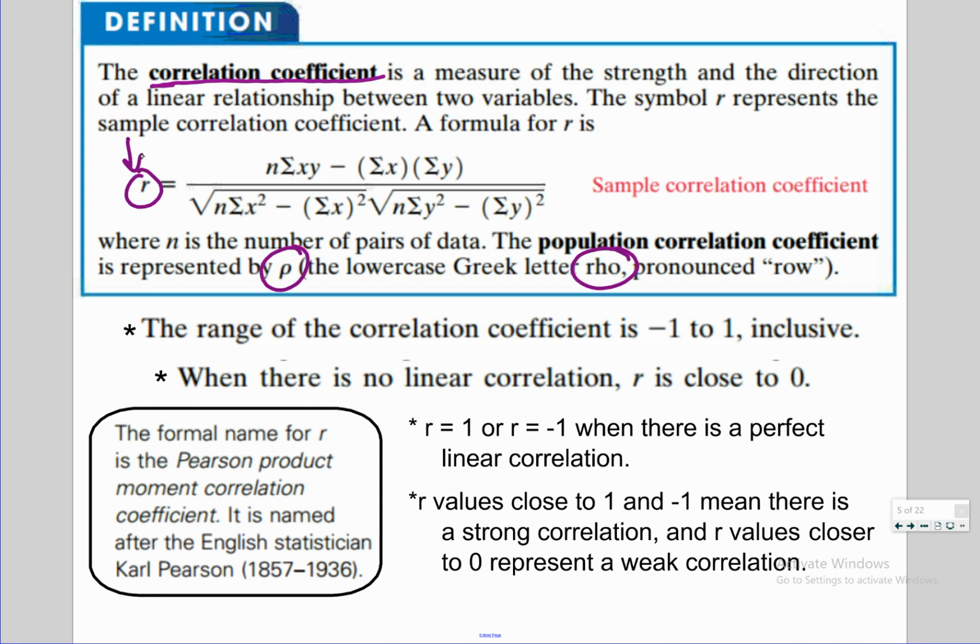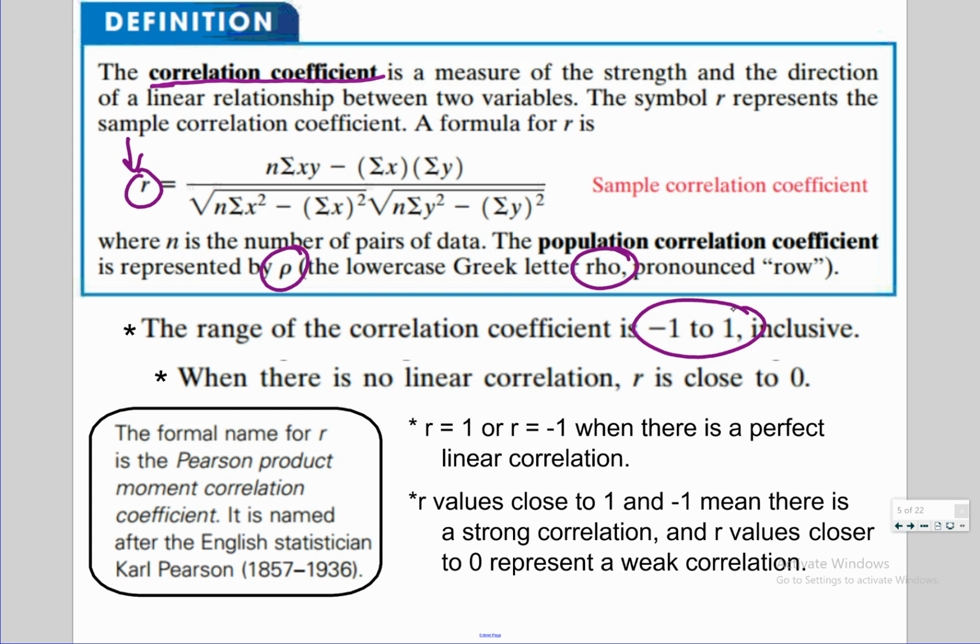The range of your R values is -1 to +1. -1 represents a perfect negative correlation. If you look at it, it's a perfect line, all your data points in a row going down from left to right. If you have an R value equal to +1, that is a perfect positive correlation. Again, all of your data lines up exactly, but this time it's increasing from left to right.